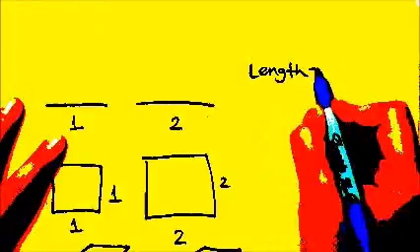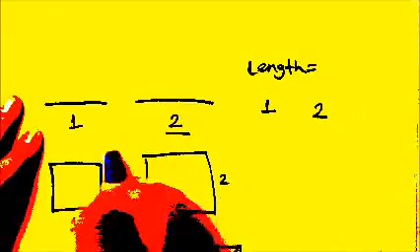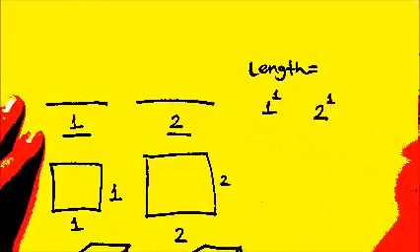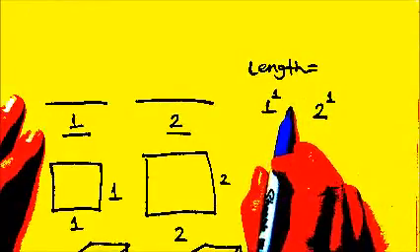So we can find a pattern here when we say length is equal to, here we're going to use 1 and 2. These are the scales, and this is going to be 1 to the power 1, 2 to the power 1.